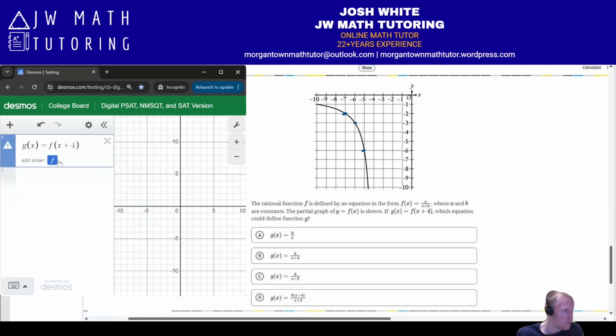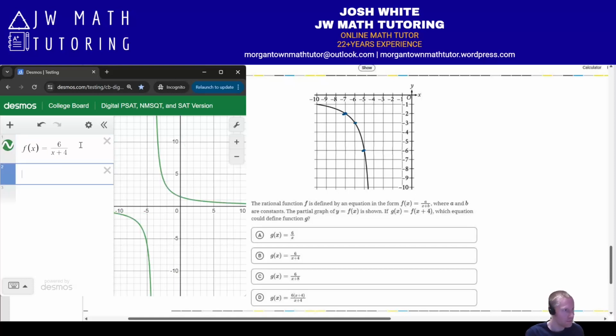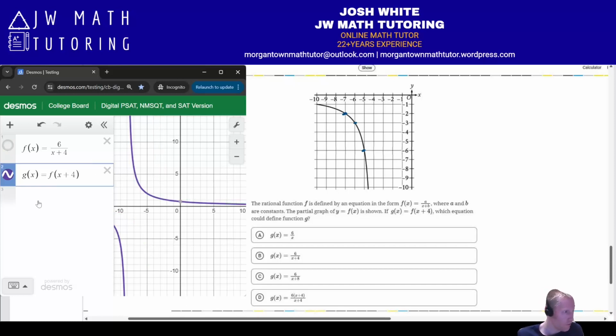Actually, correction, we do need it. So now I can just turn off the graph of f of x, because we don't need its graph, but we do need to still keep the function there.